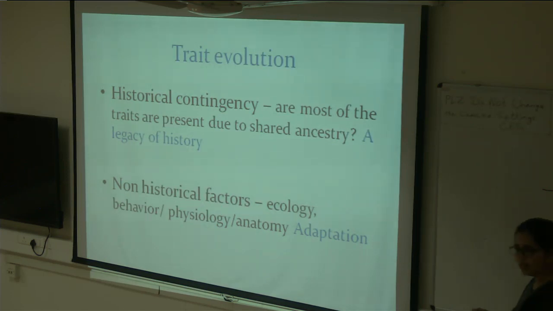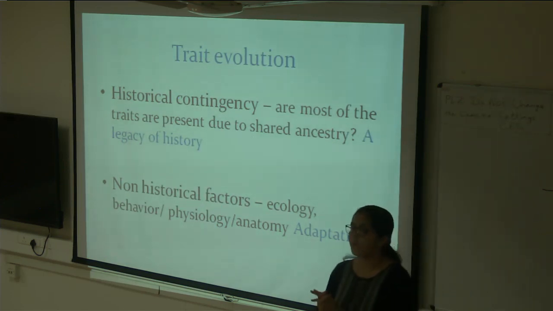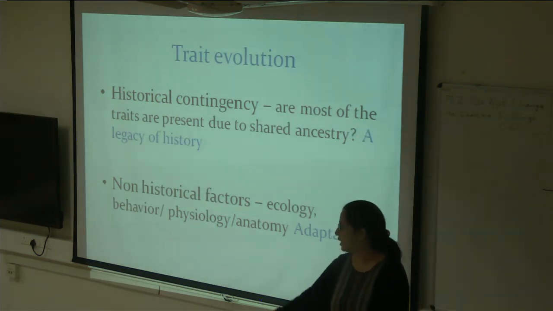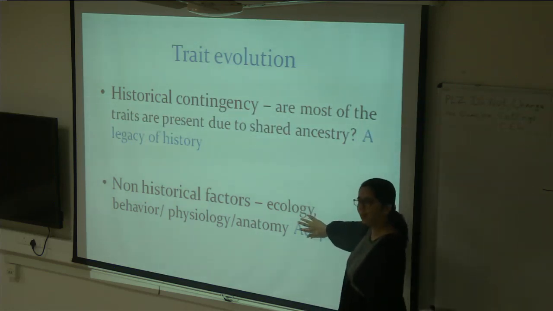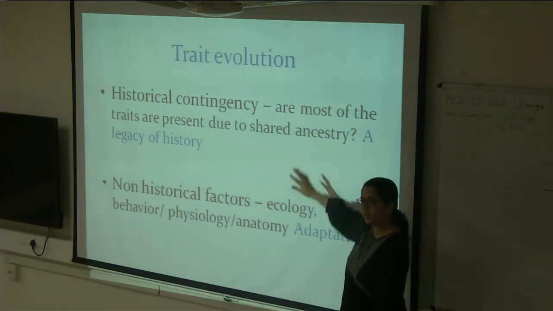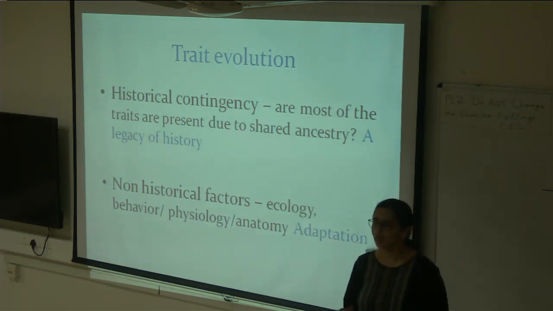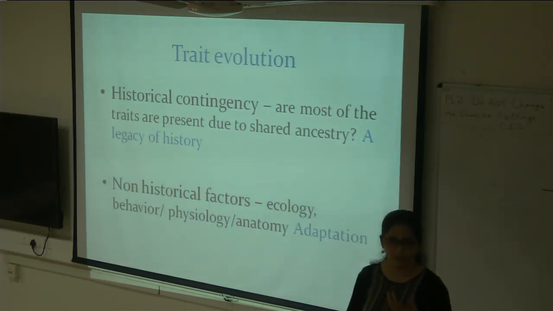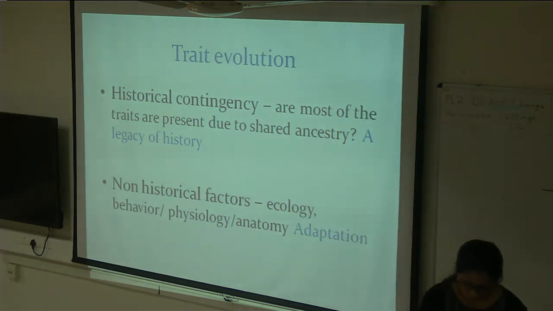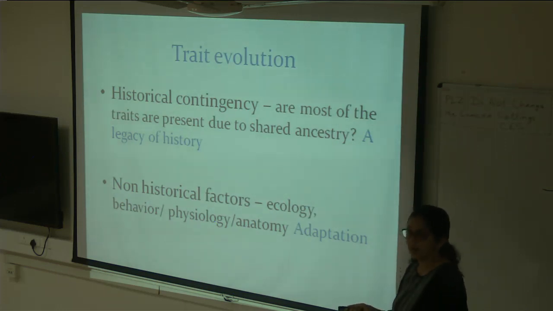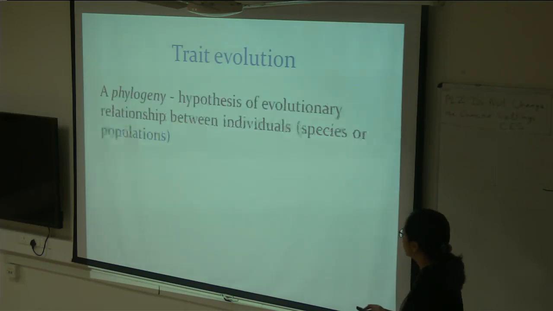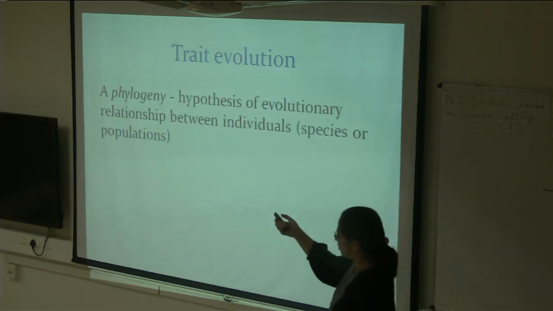So if one wants to understand that, this is where phylogenies can be very useful. Once we give a phylogenetic context when we understand the trait evolution, you can then think about whether it is because of the evolutionary history or an ecological adaptation in that particular lineage. So all of you are familiar with this.